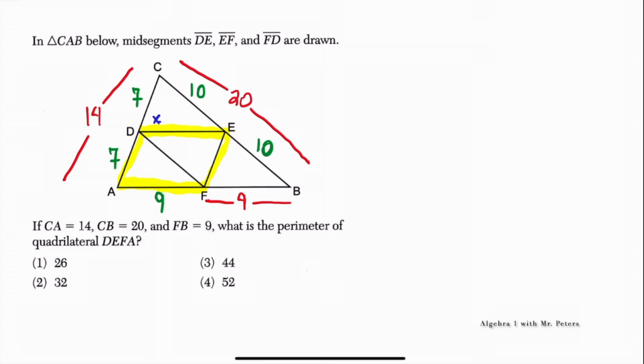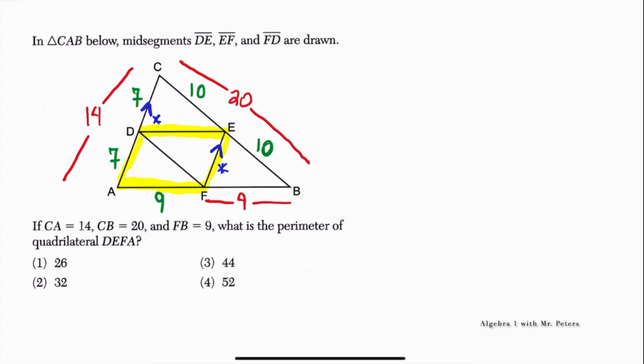So we're looking for this dimension and this dimension. And another key rule with midsegments is basically understanding that whatever side is parallel to the midsegment is going to be half as long. So if we look at CA, right, this is parallel to the midsegment EF.